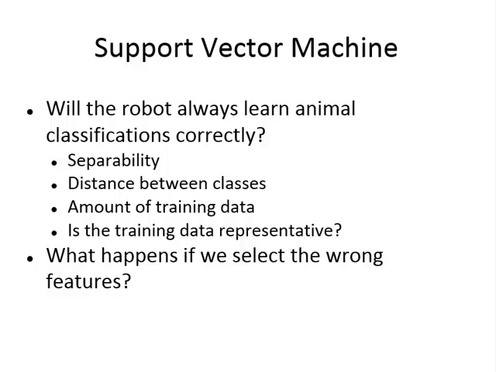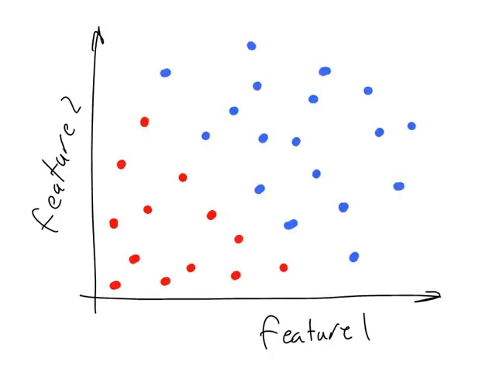A third consideration is the amount of training data and whether or not the training data are representative. Let me show you an example of what this means. Suppose that we have two classes of data shown here in red and blue, and we want to use support vector machine to find the separation between these two classes of data.